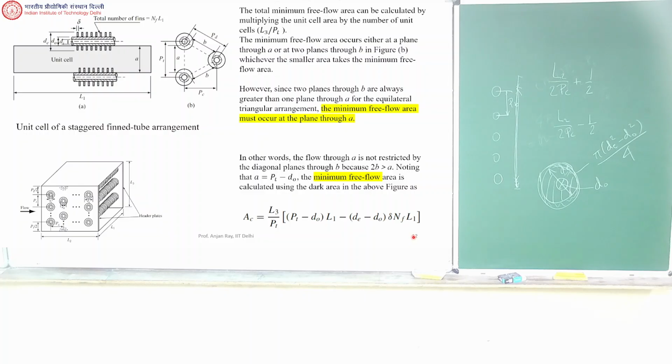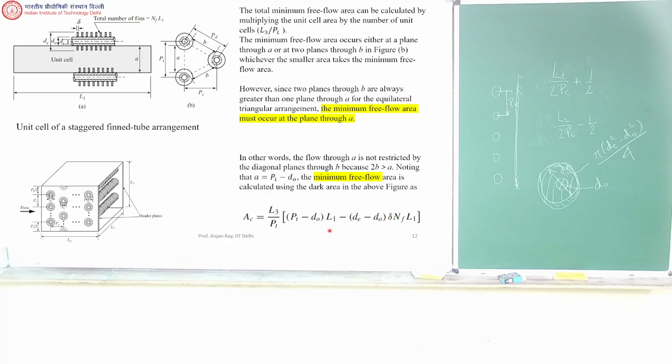Okay. See, we almost spent half an hour just discussing the geometry, so I cannot afford much more time than this. Most of it you will have to check at home, right? So this is PT, and this is D naught. This is D naught by 2. This is also D naught by 2. So PT minus D naught multiplied by the dimension perpendicular to this screen, which is L1.